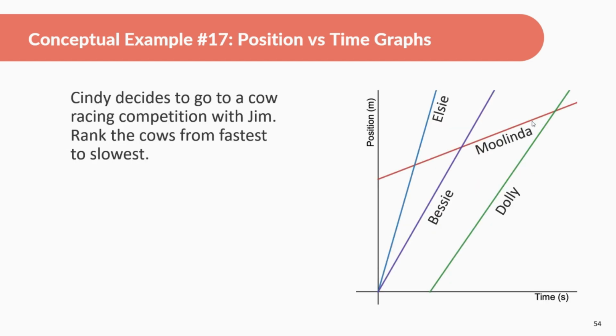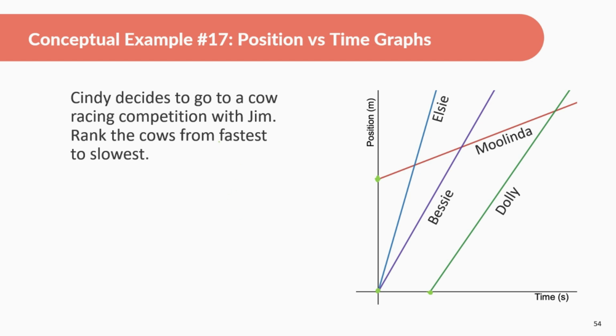Okay. All right, here. Cindy decides to go to a cow racing competition with Jim. Rank the cows from fastest to slowest. There's a lot going on here, but we're trying to find which one's going the fastest and which one's going the slowest. So again, even though there's a lot of weird things happening, we have Moolinda over here, we have Dolly over here, and then we have Elsie and Bessie over here.